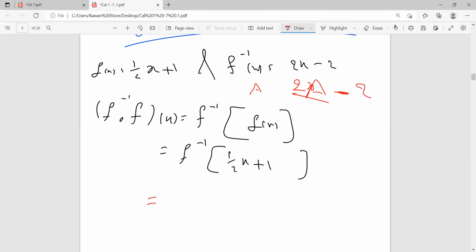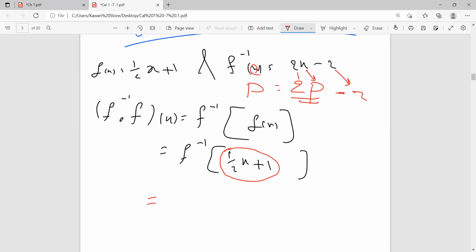Now we have this package. The inverse says: if you have any number, any thing, any P, as a package, I'm going to multiply it by 2, then minus 2, like here.